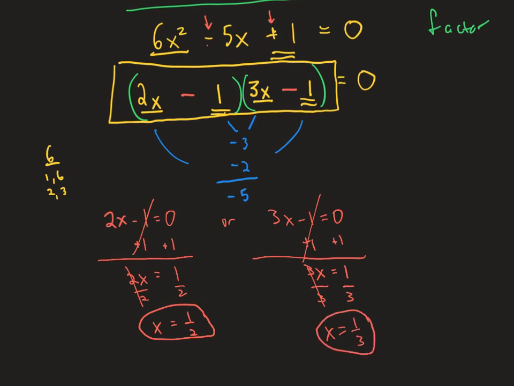And x equals 1/3. So your step 1 answer up above, and then your step 2 answers down below. And by the way, when you enter those step 2 answers in, you'll just put in 1/2, comma, 1/3. Just separate both answers with a comma.